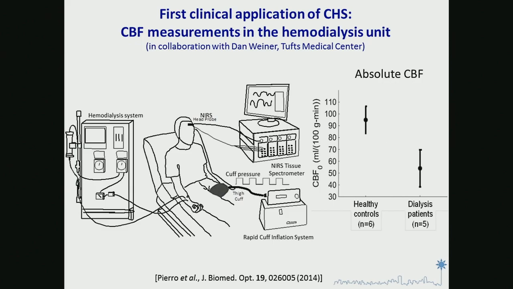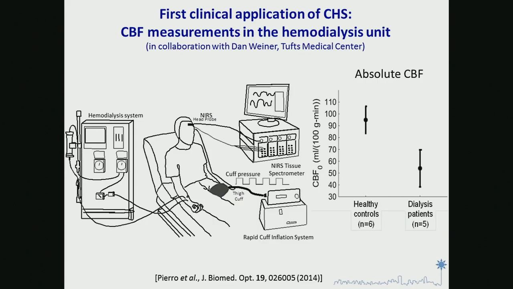In this case, to induce these systemic blood pressure oscillations, we did not use paced breathing, which requires significant subject cooperation, but we used a method that is widely used in the literature, which is a cyclic inflation of a pneumatic thigh cuff, which is inflated and deflated at above systolic pressure.